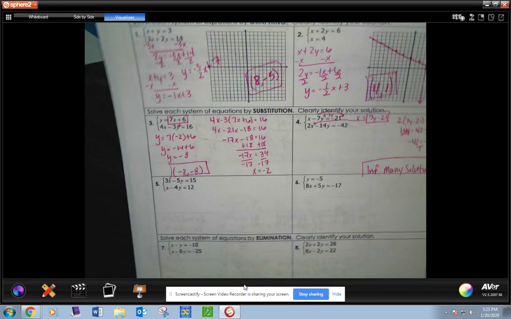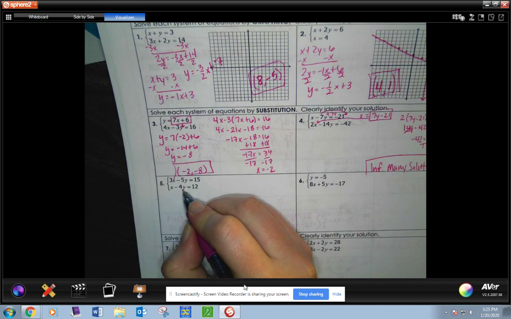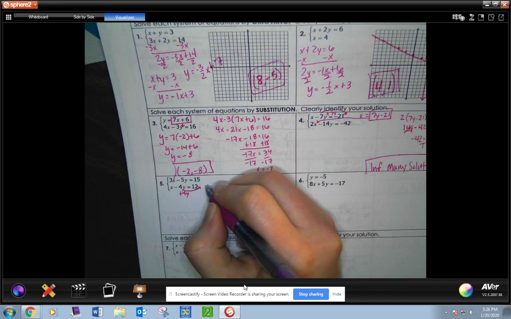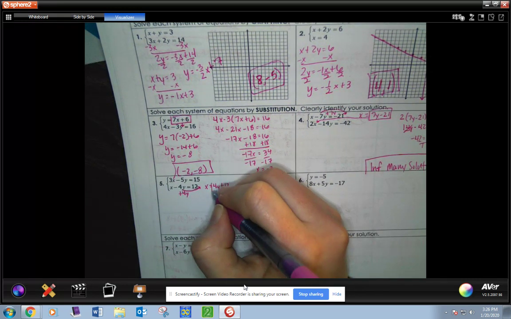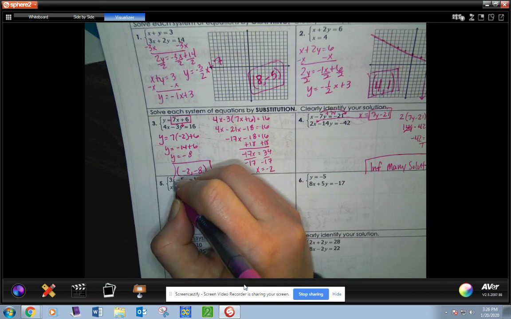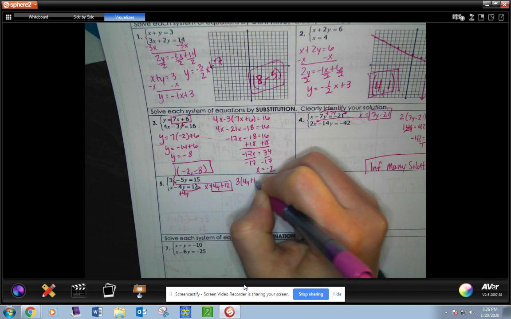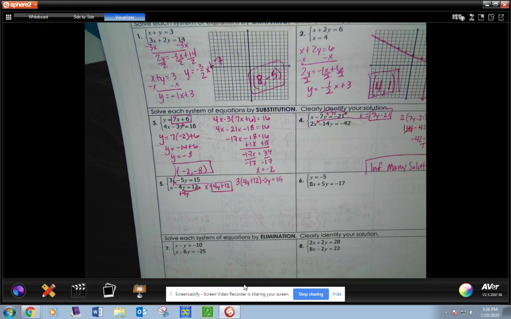Okay, for number 5, again, I have to get this x by itself. It's the only letter, so I have to move this over here by adding 4y. So this becomes x equals 4y plus 12. I'm going to box that, and that plugs into the x in the top equation. So we're going to do 3 open parentheses, 4y plus 12, minus 5y equals 15.